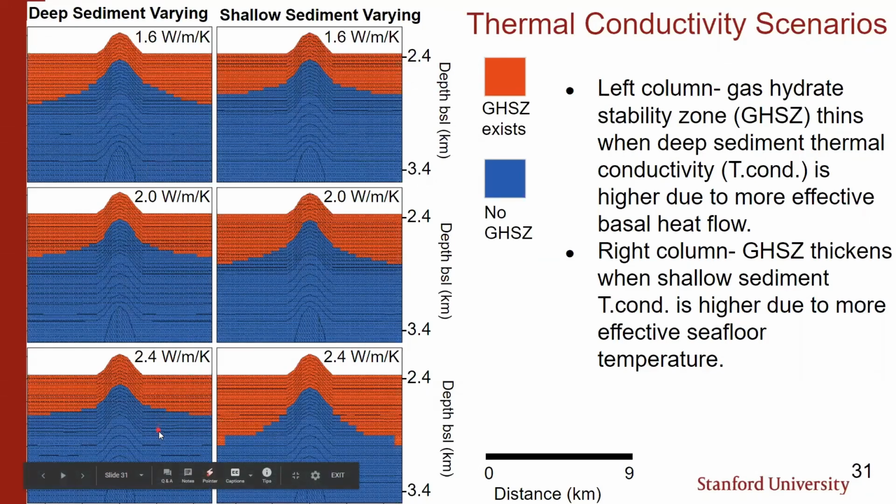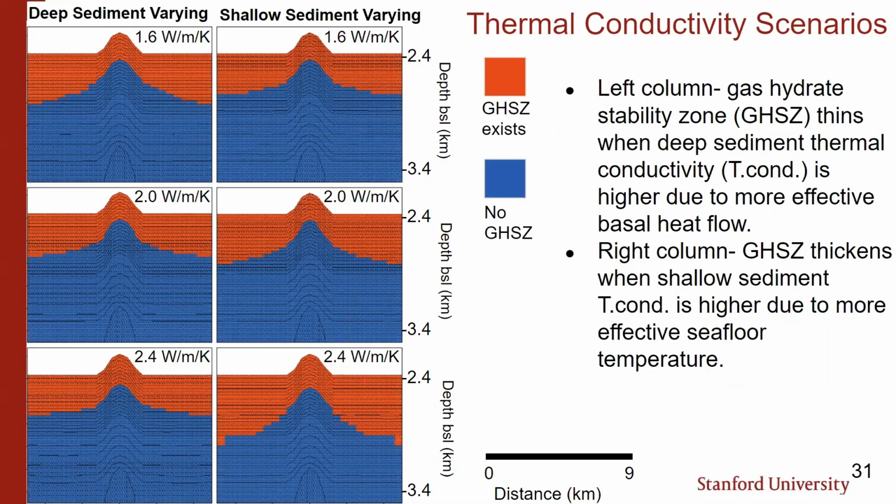The reason that's happening is because this deeper sediment, when it has a higher thermal conductivity, is more effective at conducting the basal heat flow upwards and thinning the stability zone. But the opposite happens when we change the thermal conductivity of shallow sediment. Here you can see the low thermal conductivity of shallow sediment, so everything above the salt diapir, and then it's higher here.